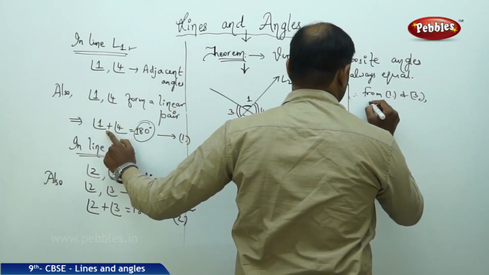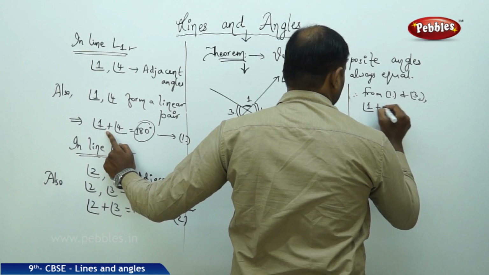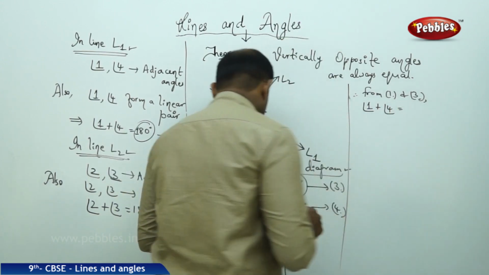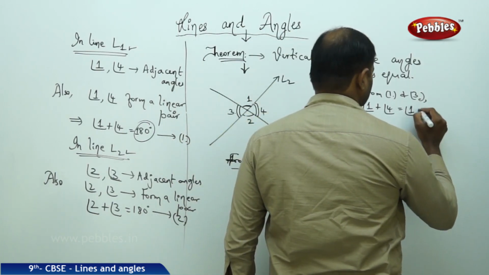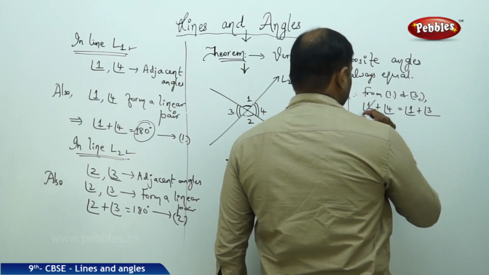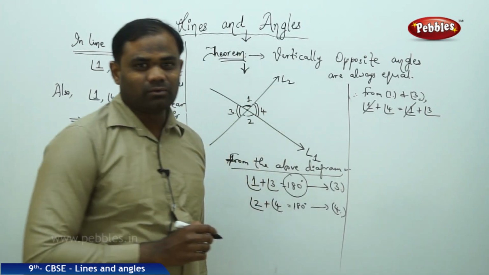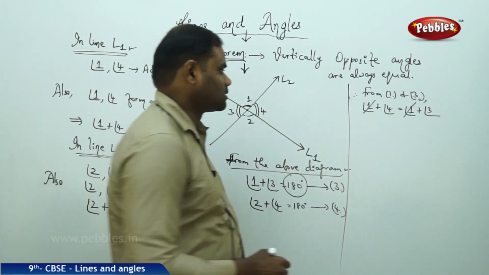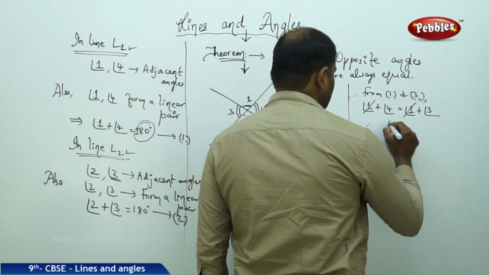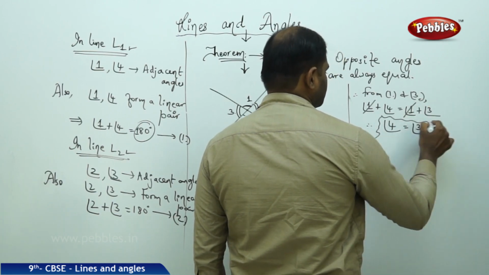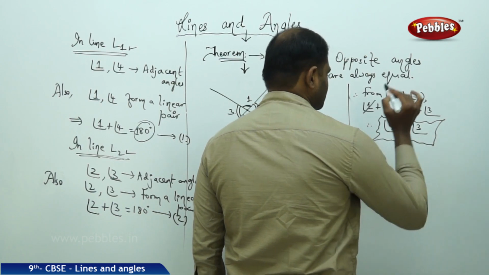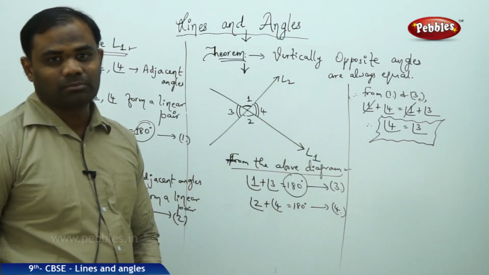Therefore, the angle 1 being equal on both sides can be cancelled. Therefore, I get angle 4 equals angle 3. That is one property which I proved.